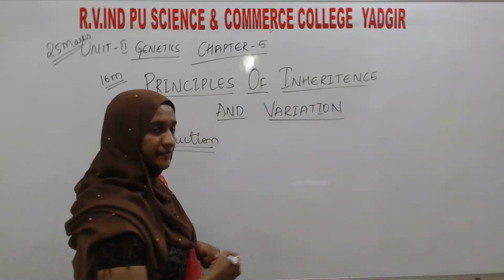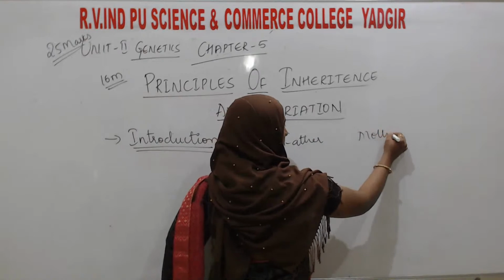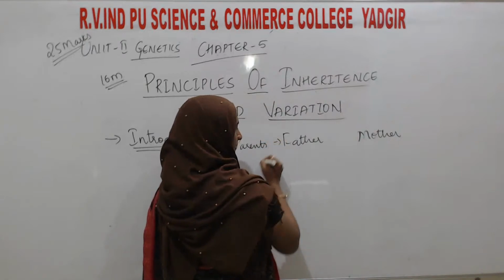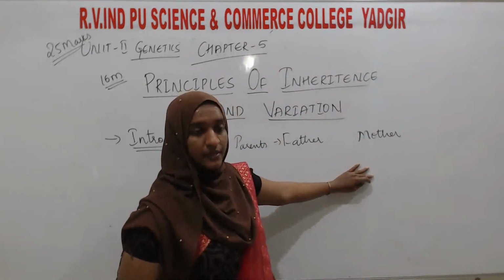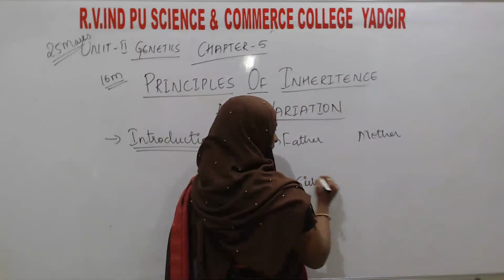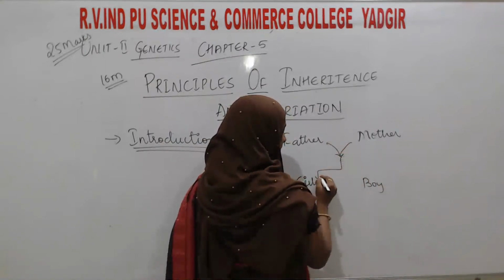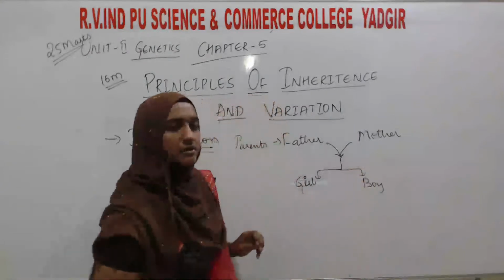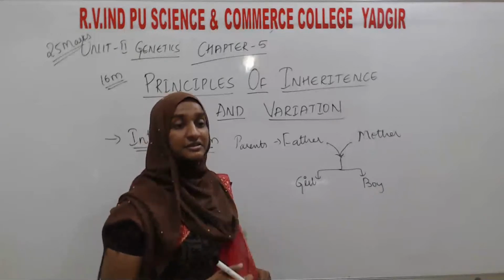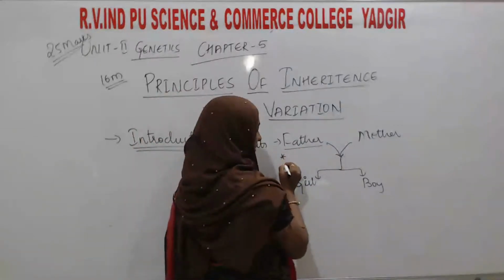In the family, this is the father, this is the mother. Means they are the parents. Father and mother. They have two children. One is a girl, another is a boy. With them, they have two children. So we will take some characters. Characters, morphology, external characters we will take. Okay, such as father. Two characters we will take here.